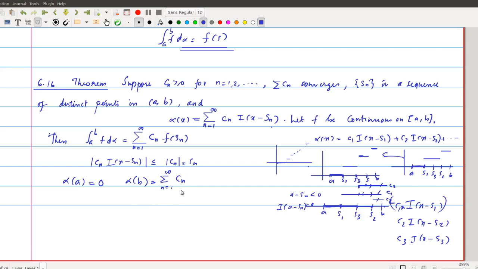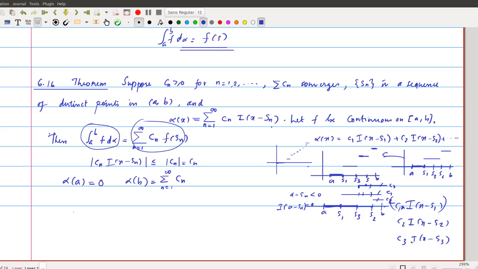Now we need to prove that this integral is same as this sum. Okay, so how do you get this one? We will prove that the limit of the sum of this infinite series will be integral a to b f d alpha.